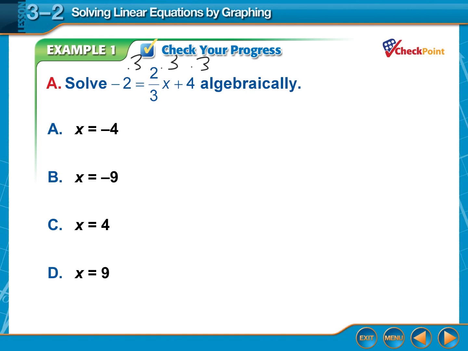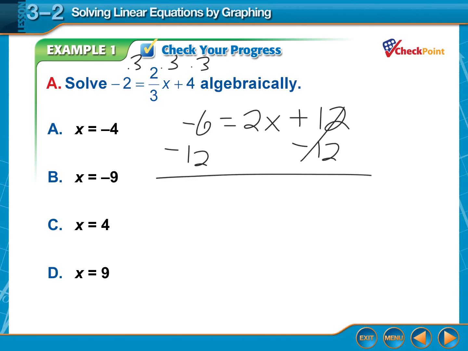Okay, so here, what's left on the left side? Negative 2 times 3, negative 6. Negative 6 equals 2x plus 12. Awesome. What's our next step to get x by itself? Subtract 12 on both sides. What's negative 6 minus 12? Negative 18 equals 2x.